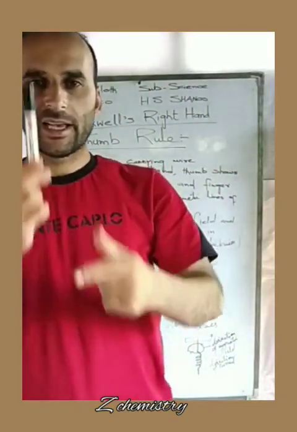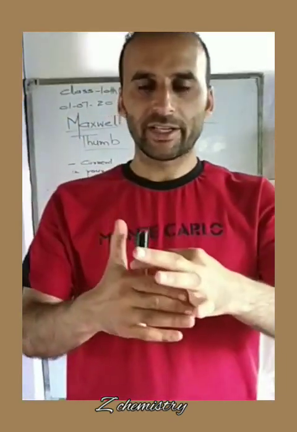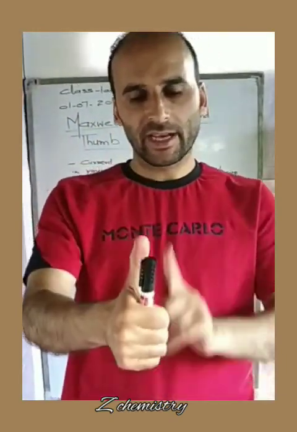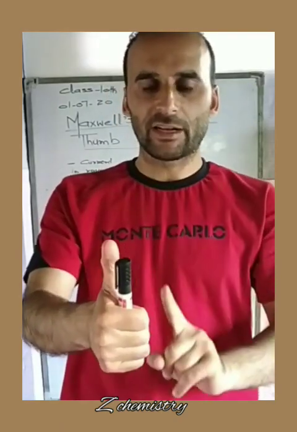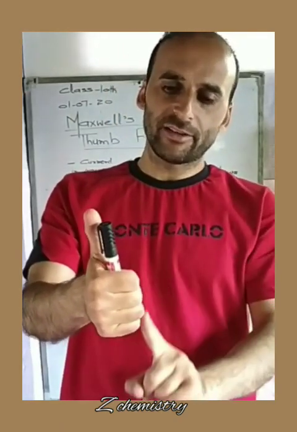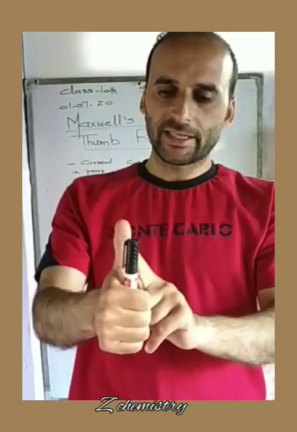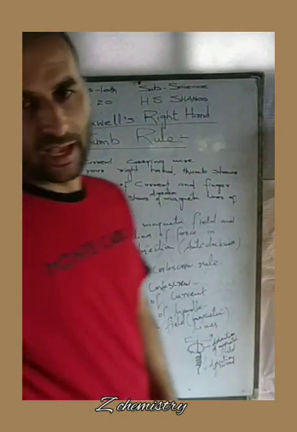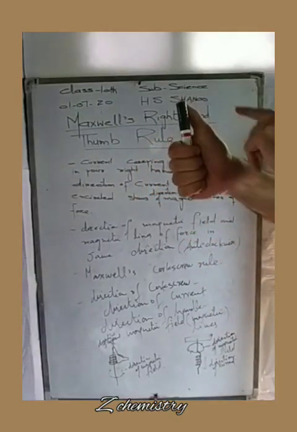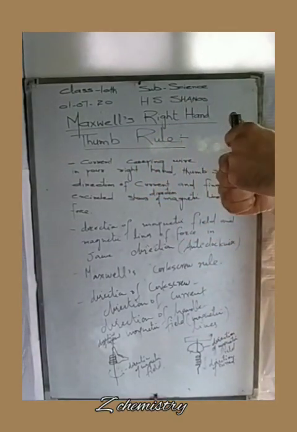The direction of this thumb shows the direction of the current, which means the current flowing through this conductor is in the direction of the thumb. And the fingers which are encircled around this conductor show us the direction of the magnetic lines of force.